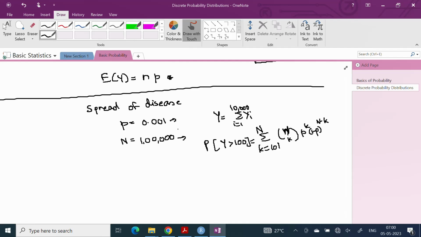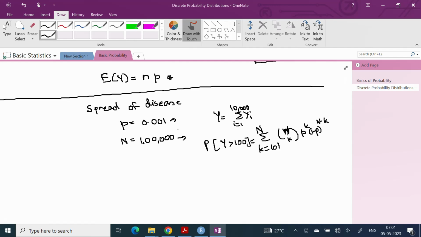But binomial distribution has one limitation. Binomial distribution can be used only when there is a clear-cut upper bound on the count. For example, in the disk case, we knew that we are talking of a single pack of 10 disks. Hence, the number of defectives can be at most 10. It can never exceed 10. Same story here.